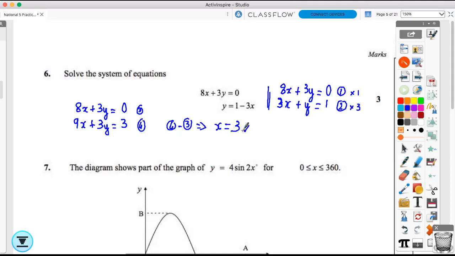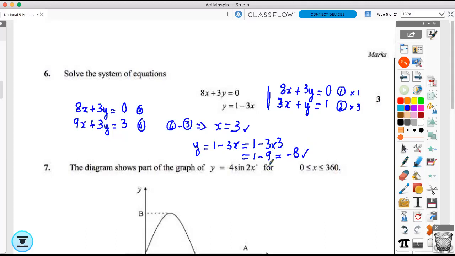I'm going to substitute x equals 3 into this one, for example. So y equals 1 minus 3x. You substitute x equals 3. That becomes 1 minus 3 times 3. So what is 3 times 3? 9. So 1 minus 9, and that is equal to -8. And that would be your third mark.